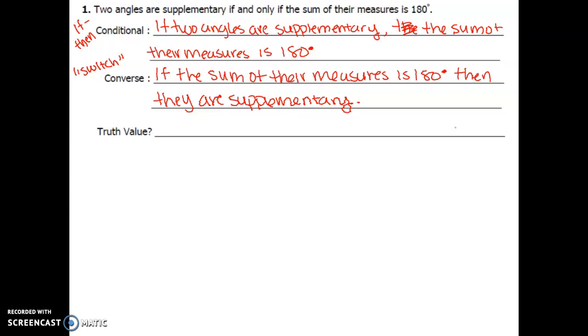That is true. If the sum of their measures is 180 degrees, then they are supplementary. That's also true. So the truth value to this biconditional is that it's true. Both are true. Easy.